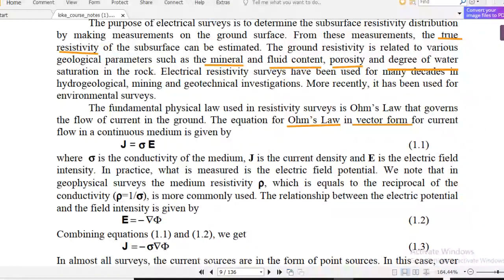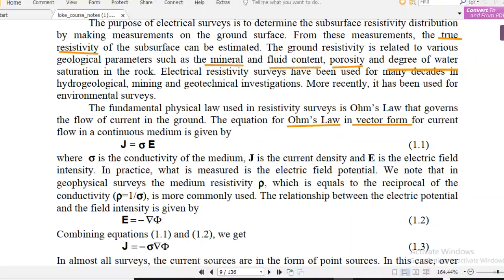If we measure the resistance, resistance times the geometrical factor gives us the apparent resistivity. In a geophysical survey, the medium resistivity, rho, is equal to the reciprocal of conductivity. Resistivity is equal to 1 over conductivity. They are inversely related.